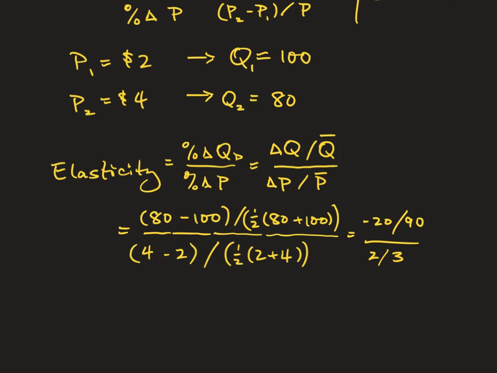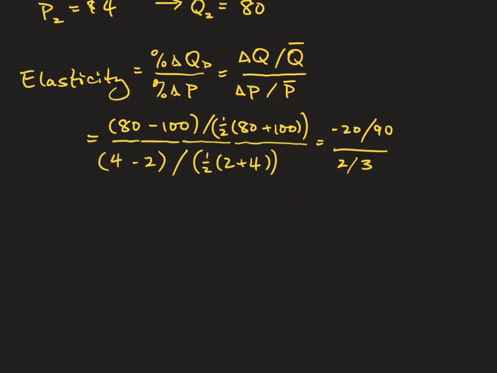The rest of this is just simple calculations. You could plug it into a calculator, or you could cancel out a bunch of terms, and the answer is negative 1/3.